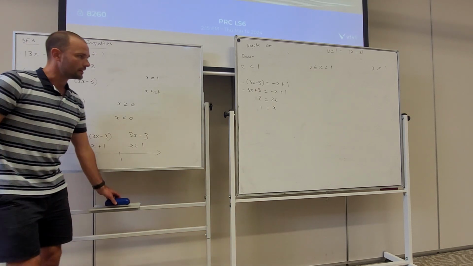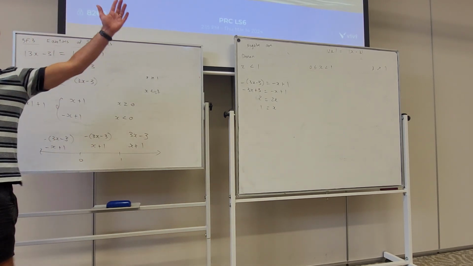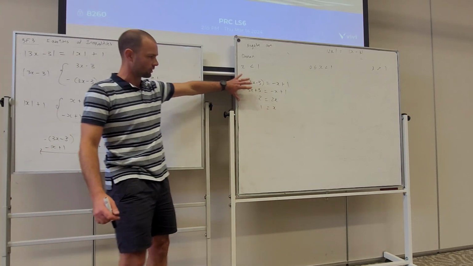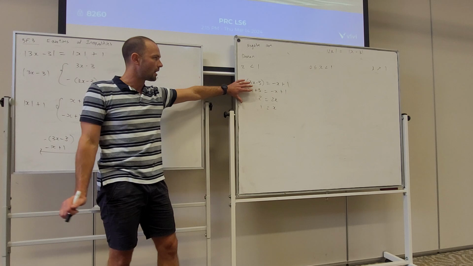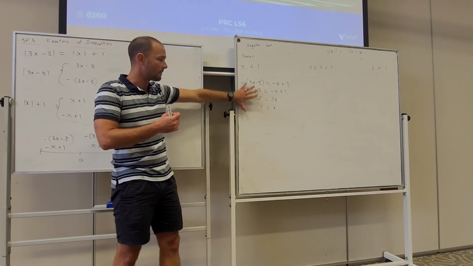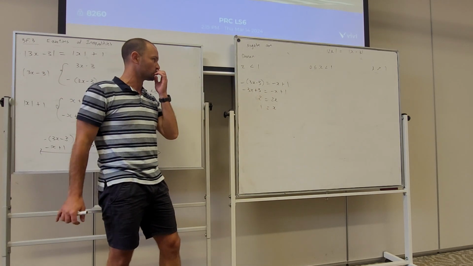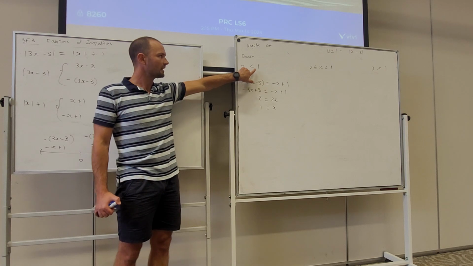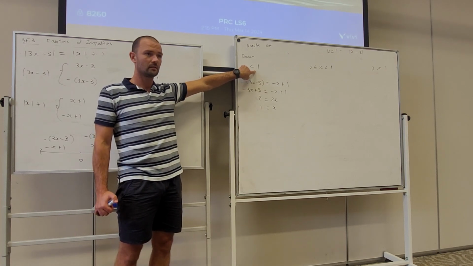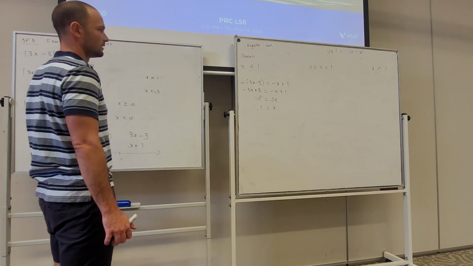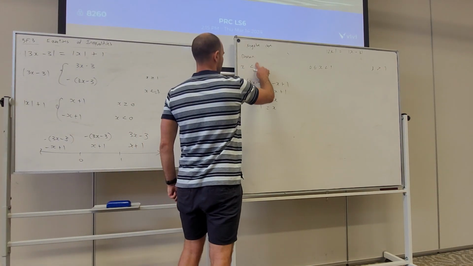Okay, now, this is a solution to the equation, but it's a mathematical solution, not a graphical solution. And let's explain why. If we consider the domain x is less than 0.